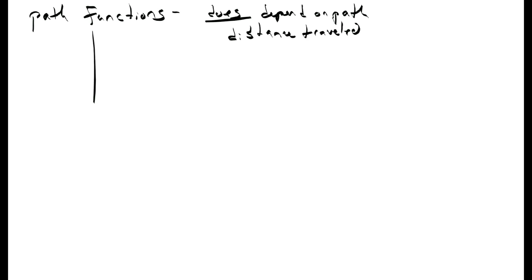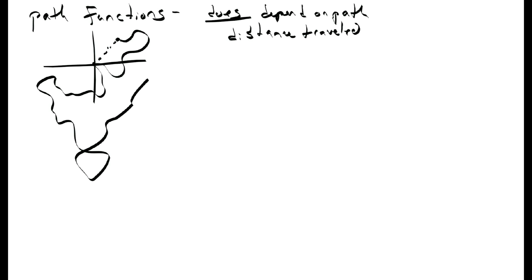Going back to the nice visual analogy, you have your two locations and the distance in between them. The distance in between them is a state function, but the distance you've traveled is not a state function. That is a path function. If you travel the shortest distance, that's the shortest possible path. But you can travel any other path, and thus get a much longer distance traveled. Other examples of path functions are heat and work.